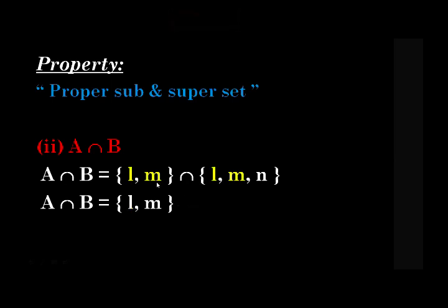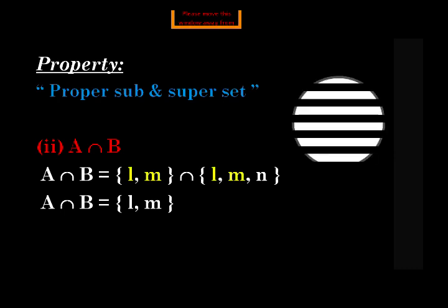In intersection, we have to find the common elements which are present in both the sets. So these common elements are the answer. L and M are the answer. Now come to the Venn diagram of this part.